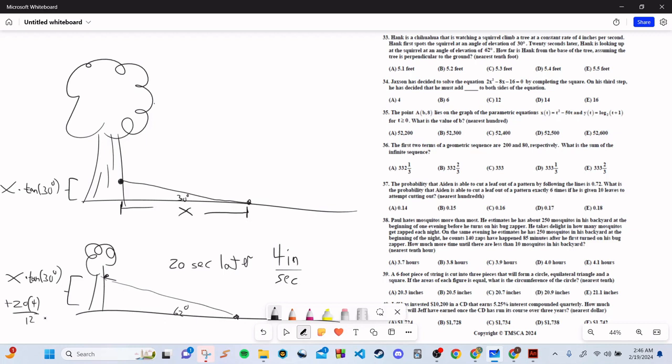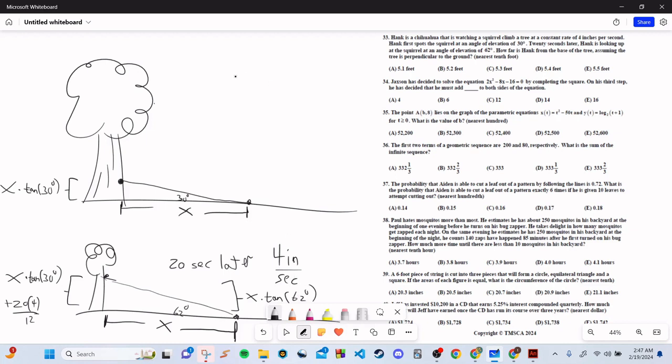All right. Keep in mind, this distance is still x. Now we can also represent the same height as x times the tangent of 62 degrees.